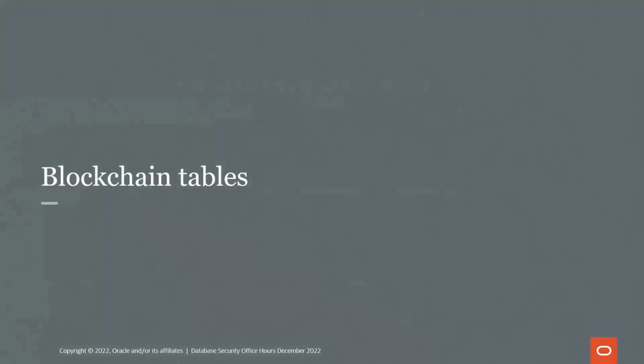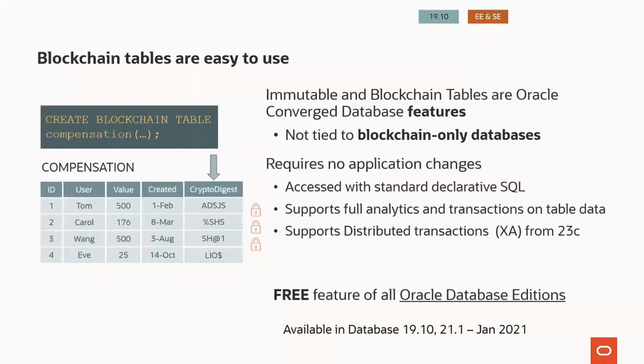Blockchain tables are very similar to immutable tables, but they provide this ability to add a crypto digest to it. So we don't have to have a dedicated blockchain-only database for this. We can utilize this converged database concept that Oracle has, where we've added these as features: JSON features, blockchain features, immutable table features. We've got this capability as a part of the Oracle database.